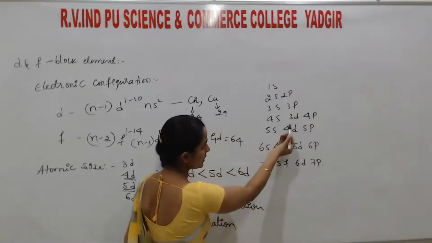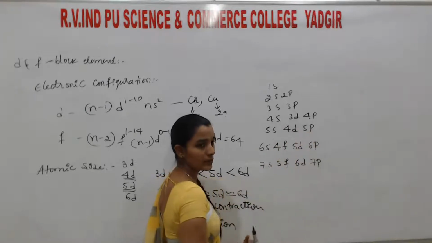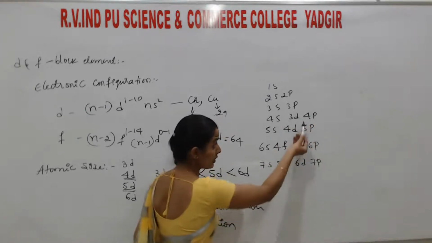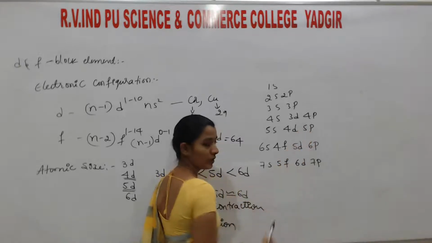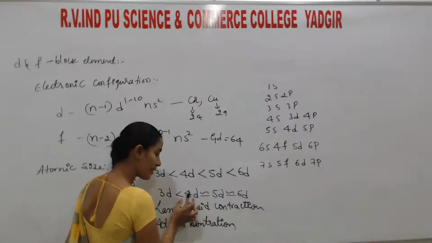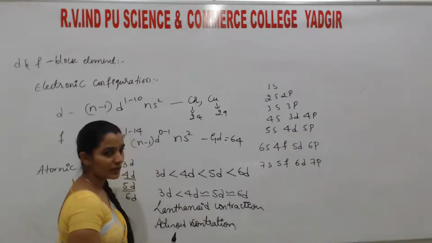So listen here, after 3d and 4d the continuing orbitals are s and p orbitals. After d orbitals directly p orbital will come. That is in the next energy level. Okay, so it follows the same thing. So that's why 3d has a smaller size than 4d. That is correct. Nothing is different in it.